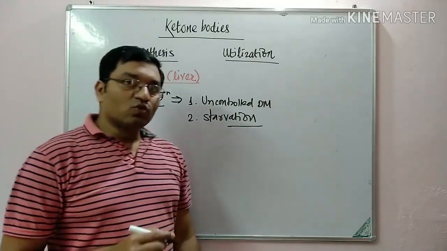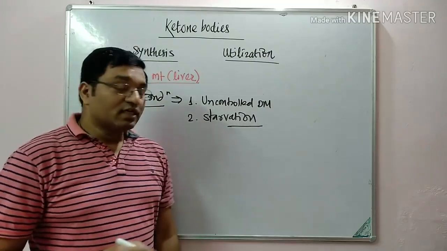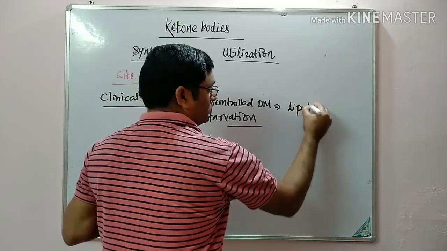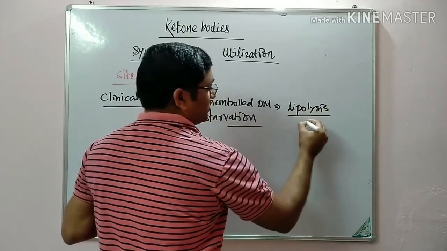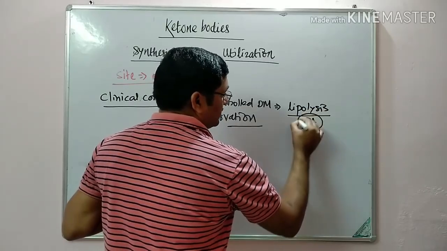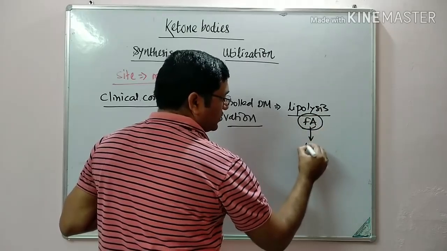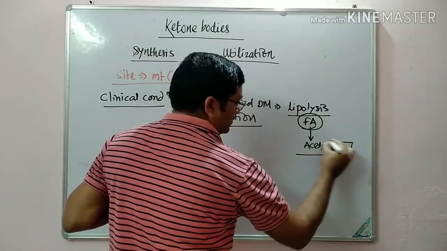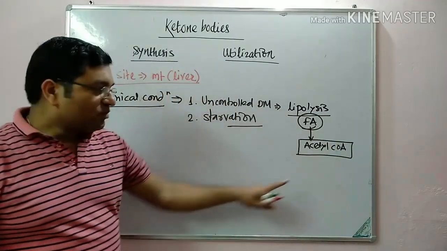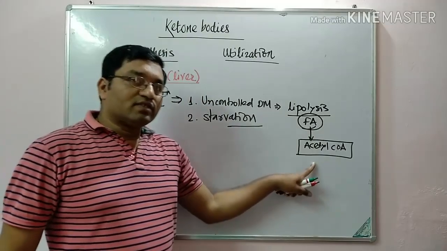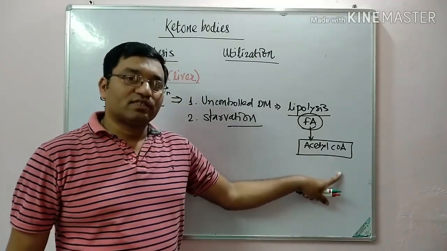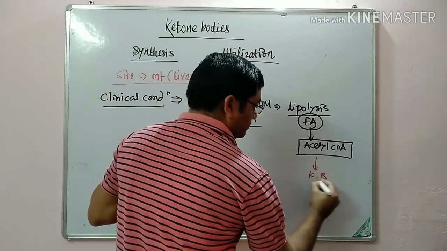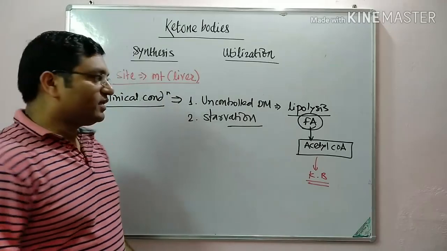As there is a decrease in glucose concentration inside the cell, there is accelerated lipolysis, which generates fatty acids, and the utilization of fatty acids gives acetyl coenzyme A. A large amount of acetyl CoA is synthesized, and the deficiency of oxaloacetate leads to the diversion of this acetyl coenzyme A for ketone body synthesis in uncontrolled diabetes mellitus.